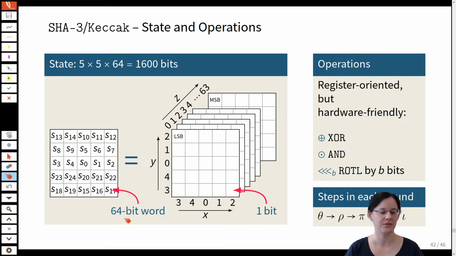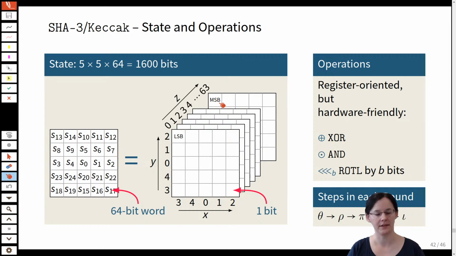So this state is really a lot bigger than the AES. And its entries can then also be labeled along these 3 dimensions. So x-coordinate says the column, y-coordinate says the row, and z-coordinate says the position within the 64-bit word, where 0 is the least significant bit and 63 is the most significant bit of this word.